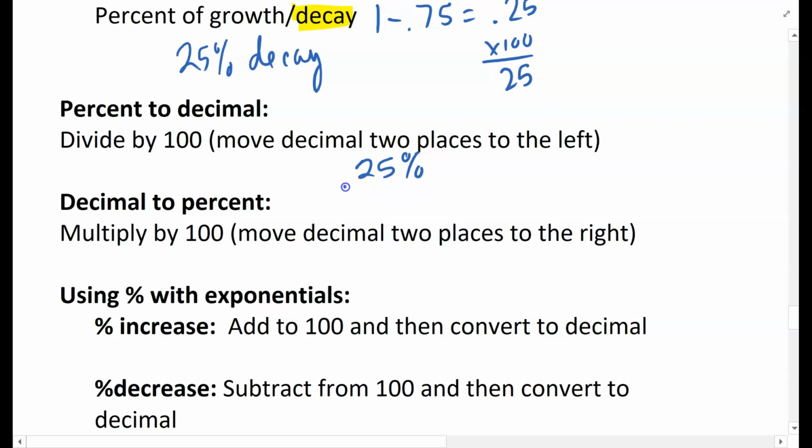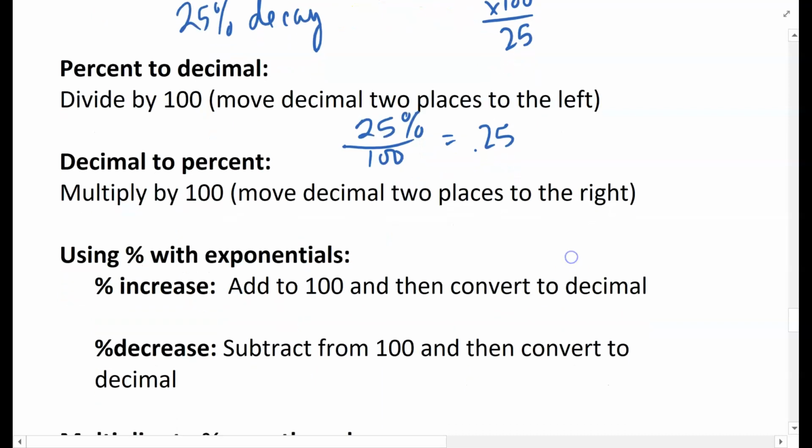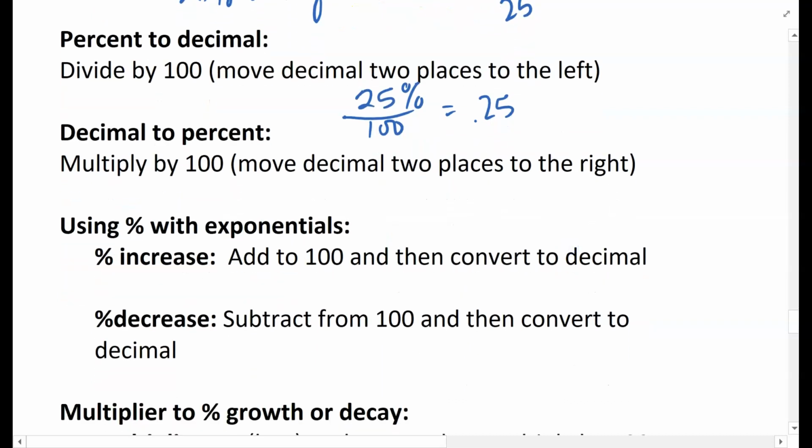So if we divide by 100, we get 0.25. So 25% as a number is 0.25. If you're going from the decimal to the percent, so if I had 0.25 as my number and I wanted to convert that into a percentage, we would multiply by 100 to get 25%.